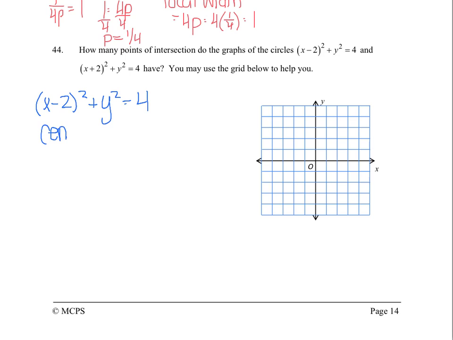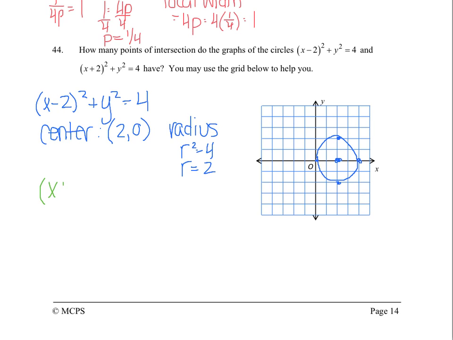I can see that my center is going to be at 2, 0, and that r squared is 4, so my radius is going to be 2. So if I plot that, 2, 0 is my center, and I'm going 2 units in either direction to get my circle. Sorry, my circle could be better, but that's okay.